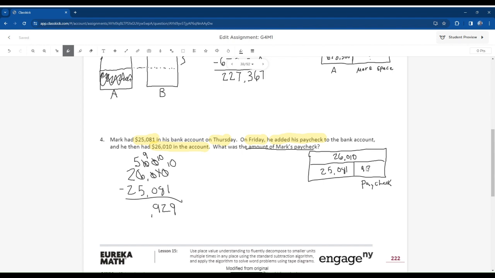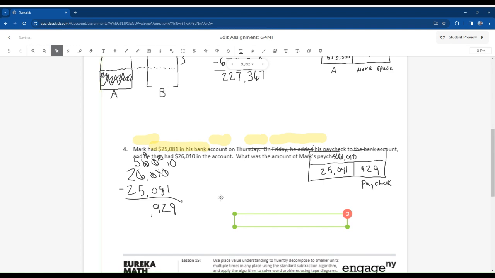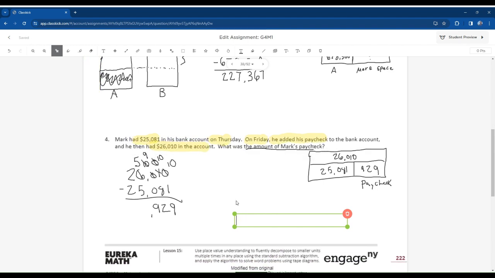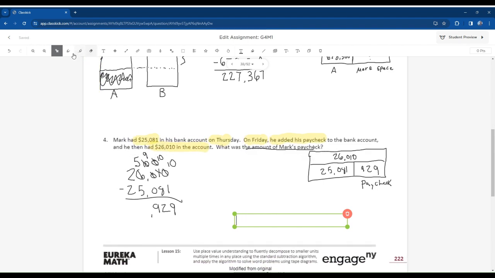It's $929. So we can say Mark's paycheck was $929.